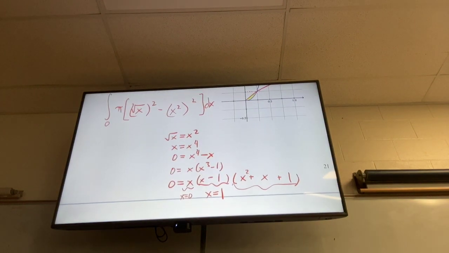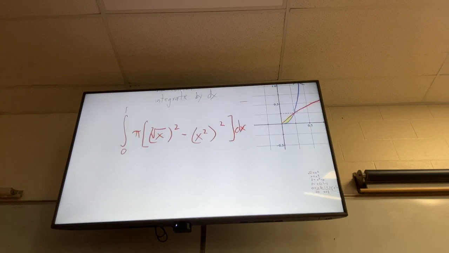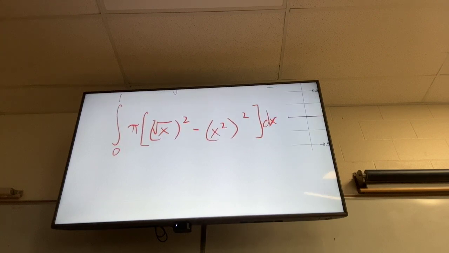All right, let's do that integral real quick. There's also the shell method, which we're not doing this year, but it's baller. Pull the pi out. That's going to be x minus x to the fourth dx. Pi times 1/2 x squared minus 1/5 x to the fifth, evaluated from 0 to 1.